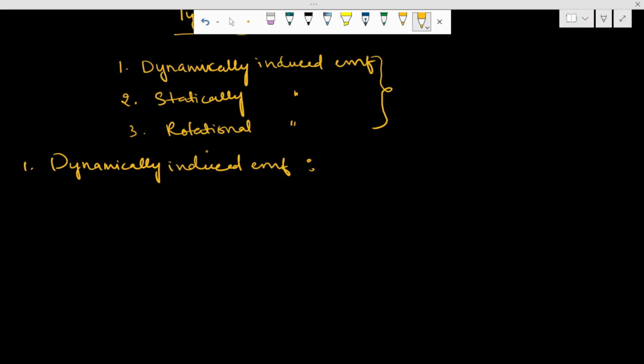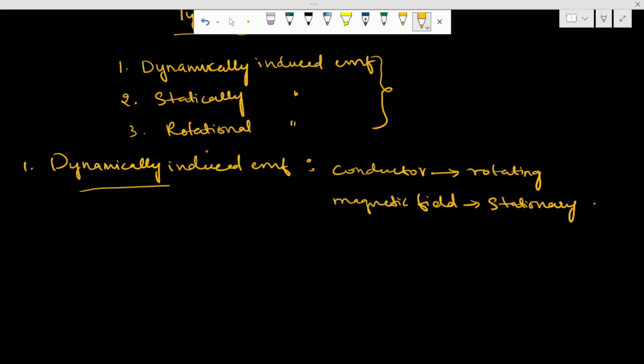When a conductor moves, meaning the conductor is rotating, along the time invariant magnetic field, meaning the magnetic field is stationary.